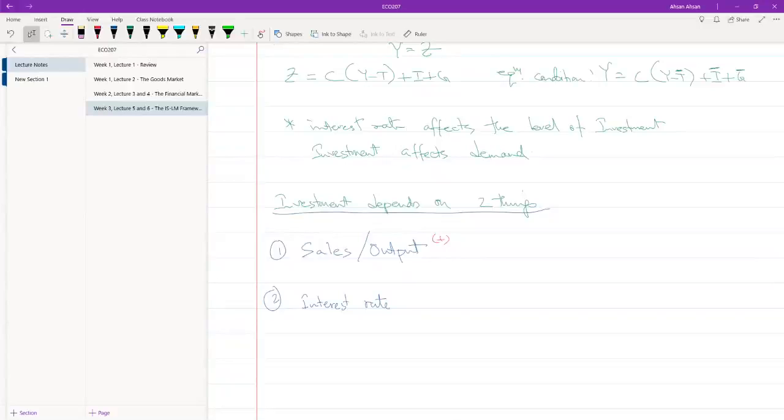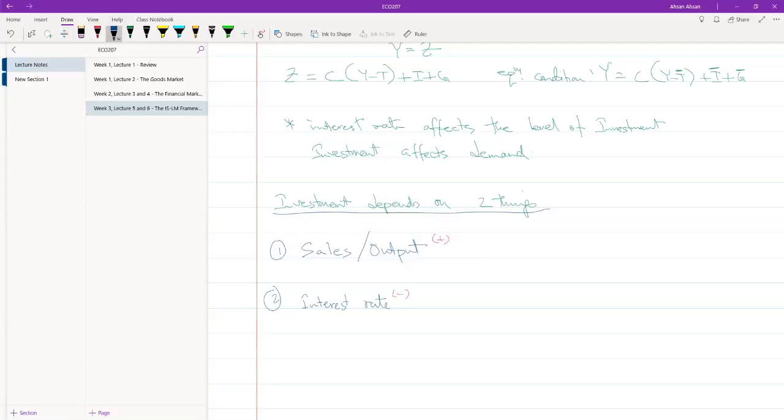And this increase in production means that over time, as your profits increase, you pay back your loan to the bank. But if you're taking a loan to buy this machinery, what you're going to be very concerned with is the interest rate in the economy. And if the interest rate is very high, you are going to be less willing to take the loan and in turn buy the machinery. If the opposite is true, and if the interest rate is very low, you're more willing to take the loan. So this here is a negative relationship.